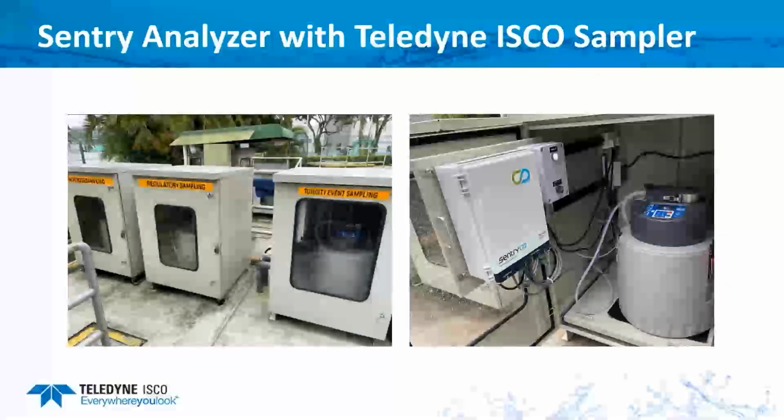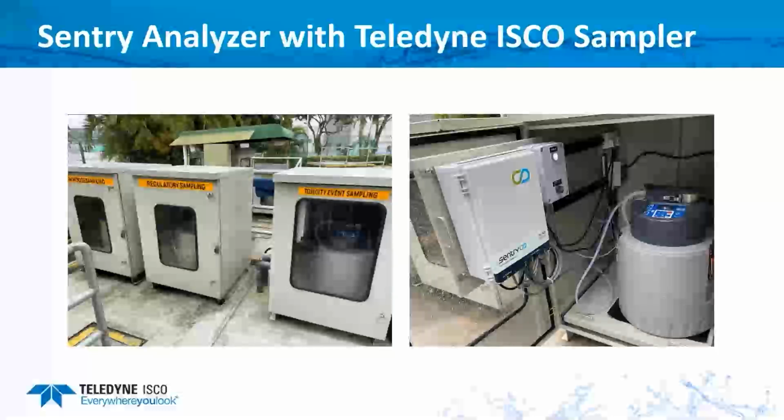So these are the pictures that John was showing earlier. This is from the site in Singapore, where you can see on the left side there are two samplers installed for regulatory requirements. The regulatory requirement was time-based or flow-based; in this case it was time-based.